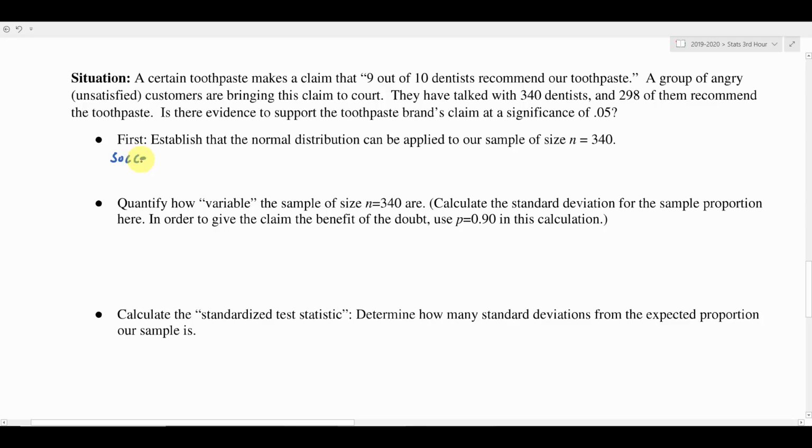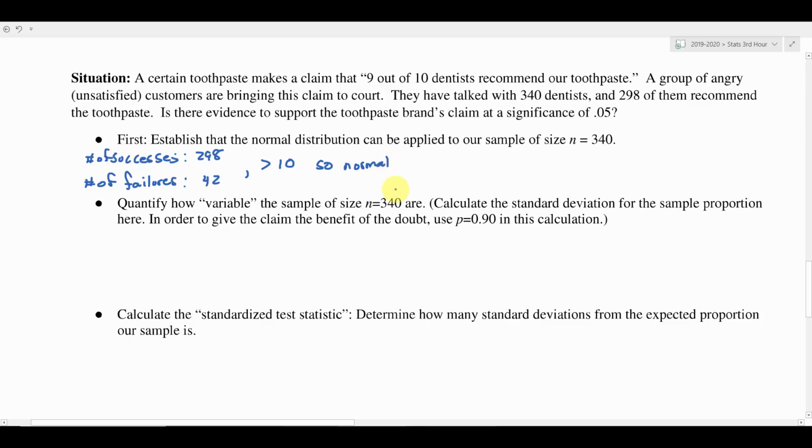So if we're counting up the number of successes here, we had 298 of those, which means that the number of failures is going to be 340 minus 298. So there was 42. So both of those are greater than 10, so normal.